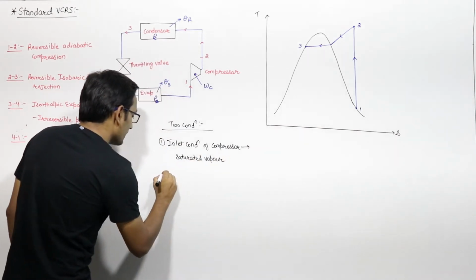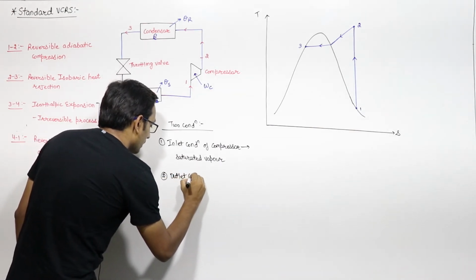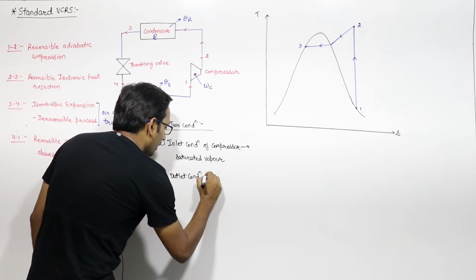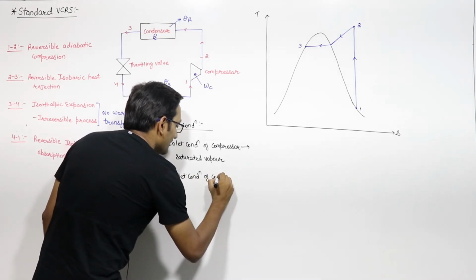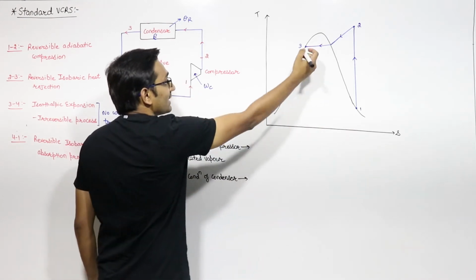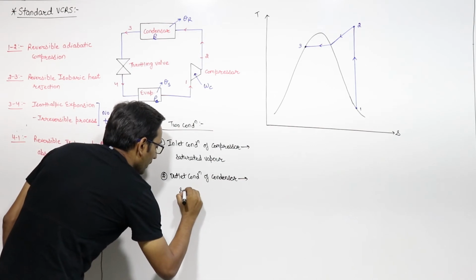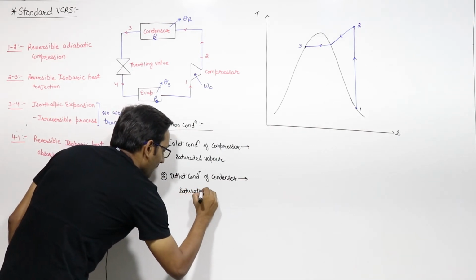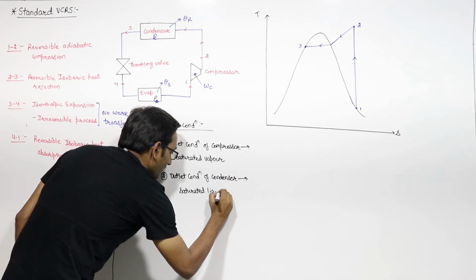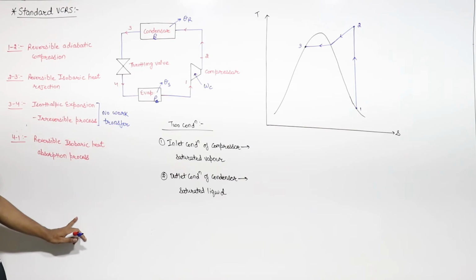And the second one is the outlet condition of the condenser, which is saturated liquid. You just remember this. We will design the system such that the inlet condition of the compressor is saturated vapor and the outlet condition of the condenser is saturated liquid.